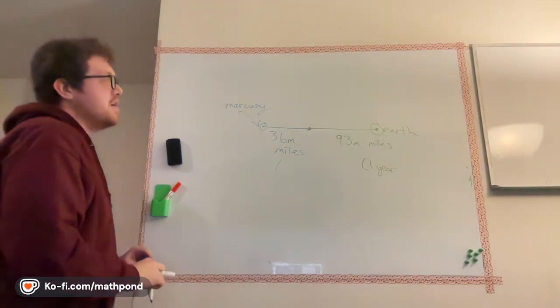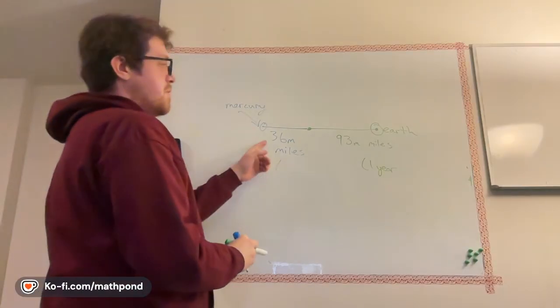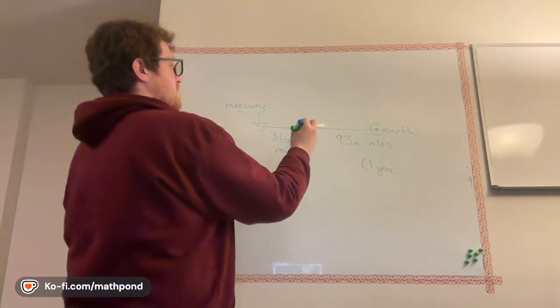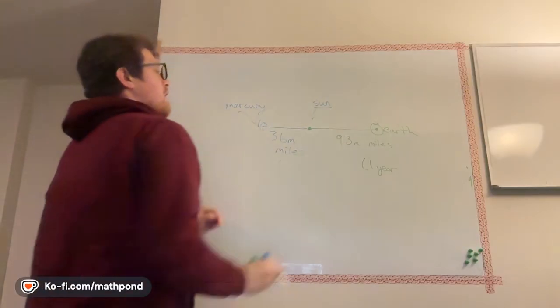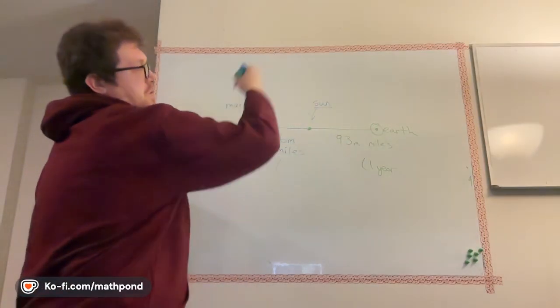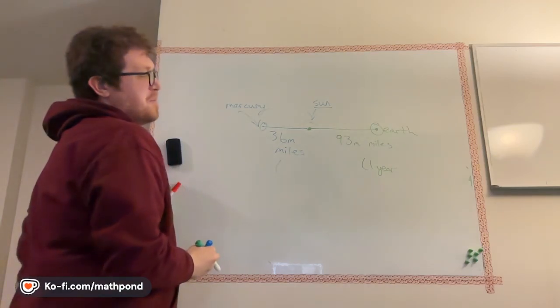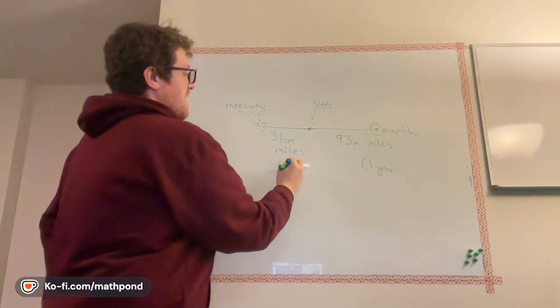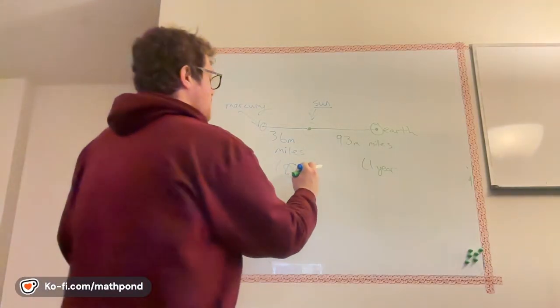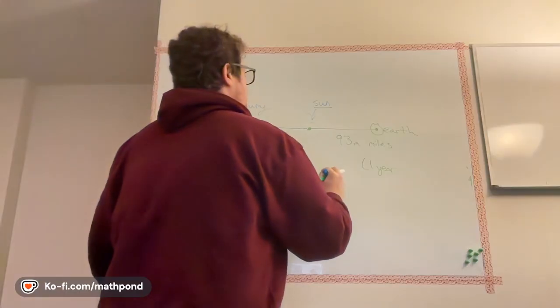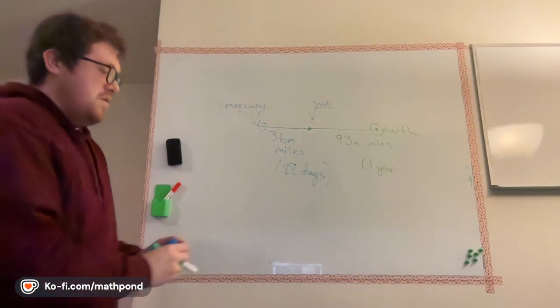Yeah, Earth is green, Mercury blue, 36 million miles, 93, so I guess the sun here is in the middle in this picture, but of course, they're orbiting, and it's very much not to scale. 88 days is the orbital period for the other one. And 1 year.